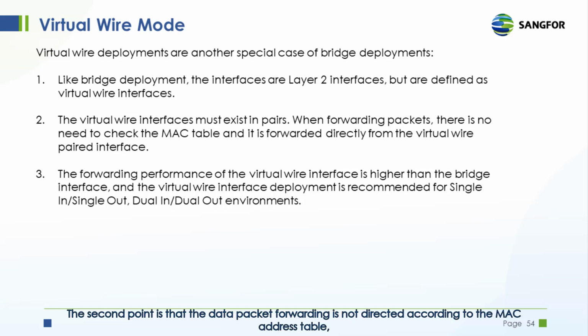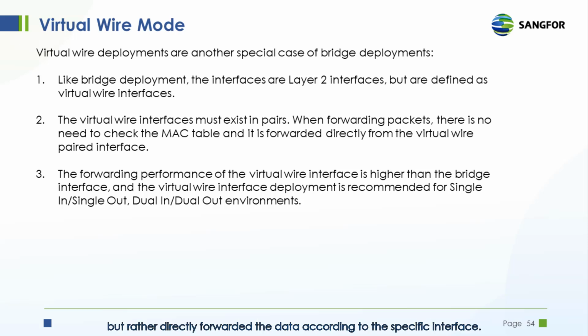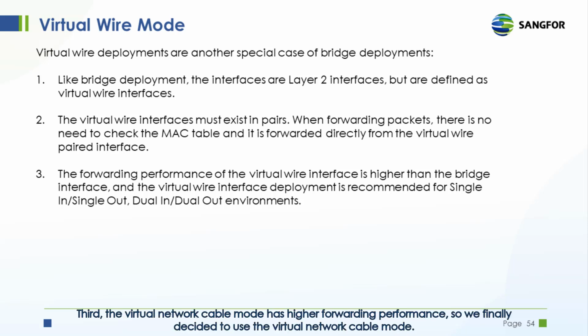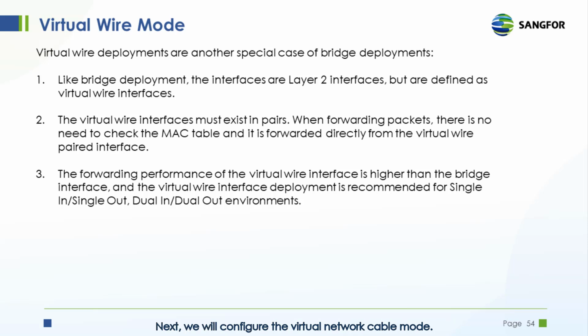The second point is that data packet forwarding is not directed according to the MAC address table, but rather directly forwarded according to the specific interface. Third, the virtual network cable mode has higher forwarding performance, so we finally decided to use the virtual network cable mode. Next, we will configure the virtual network cable mode.